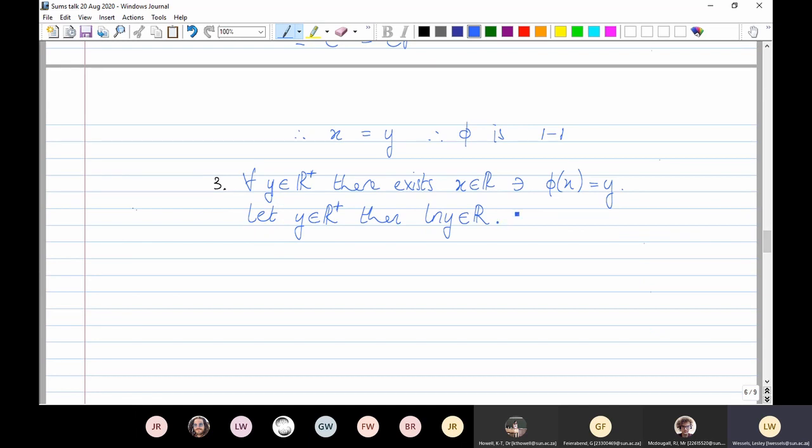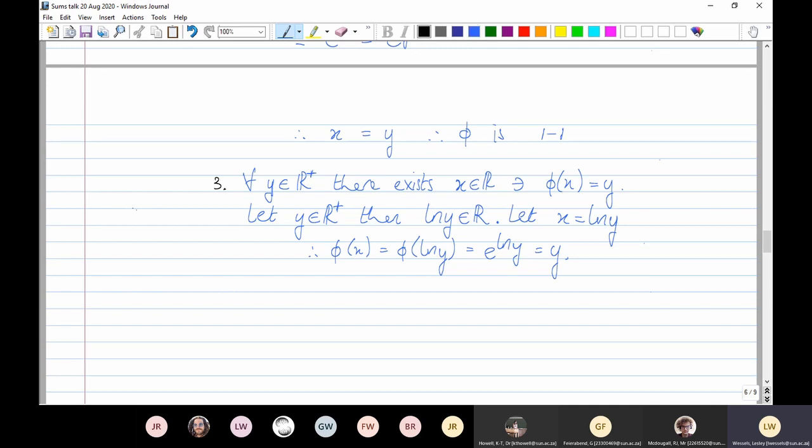So we can then say, well, let's take x to be equal to ln of y. Then phi of x is phi of ln of y, which is e to the ln of y, which is equal to y.